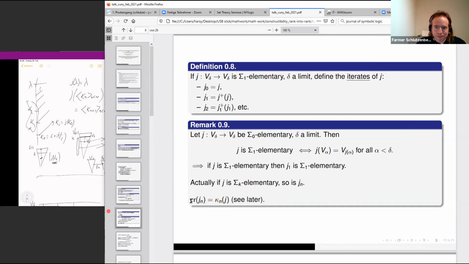However, that's not trivially true, because the κ_n(j)'s were defined by repeated application of j itself, whereas here we're defining the jn's so that the critical point of j_{n+1} is jn of its own critical point. So you're using a different function, but it's easy enough to see that these are actually the same.